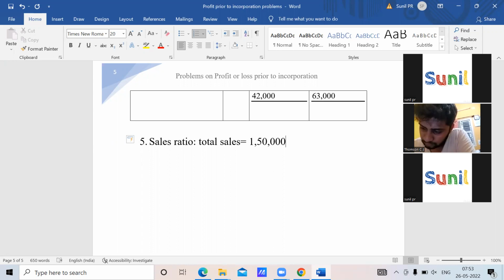Total sales is 1,50,000. You already know how many months are pre-incorporation and how many are post-incorporation, so just divide this 1,50,000 in that ratio. You will get the sales split.